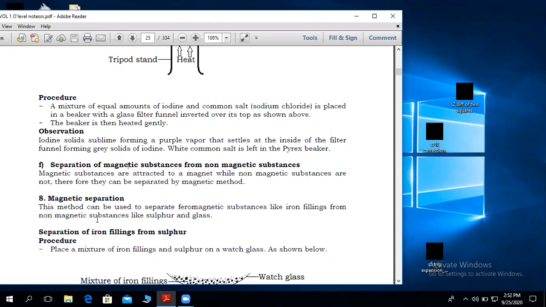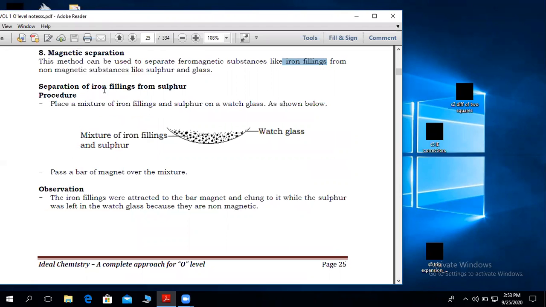So when I say iron filings, I mean those filings that are made of iron. Iron filings are attracted by a magnet and sulfur is not. So a mixture of iron and sulfur should be separated by using a magnet, such that the magnet attracts the iron filings and leaves the sulfur behind.